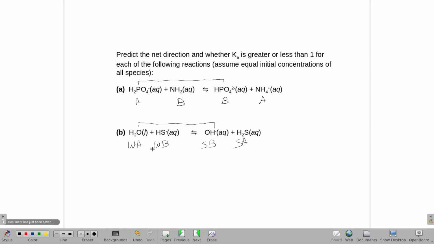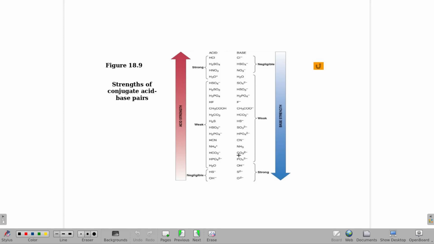The reason I always know water is the weak acid is that if I were to rank all of our acids and bases, water is the weakest weak acid. It's also the weakest weak base. So whenever we have water, regardless of whether it's an acid or a base, it's going to be weak. And then the rest get ranked based off that. They're based on those Ka's.